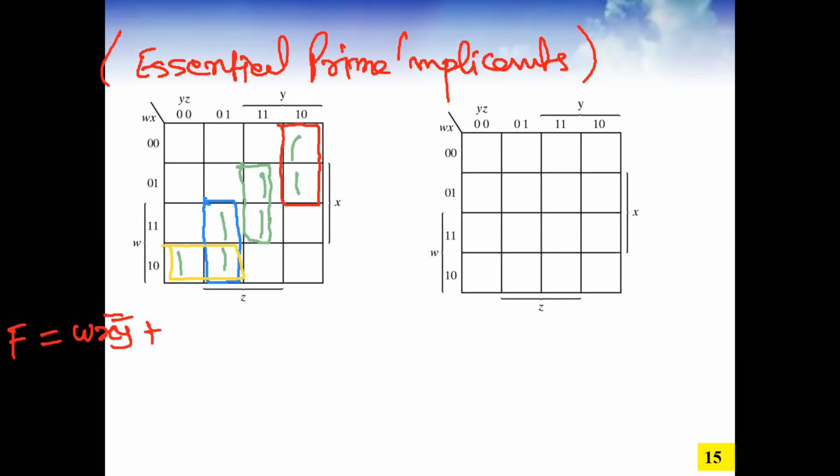What is common? Row wise W, and from the top Y complement, plus. Now for the green one, X Y Z, you can check Y and Z from the top. Now the red color: W complement Y Z complement, check it.